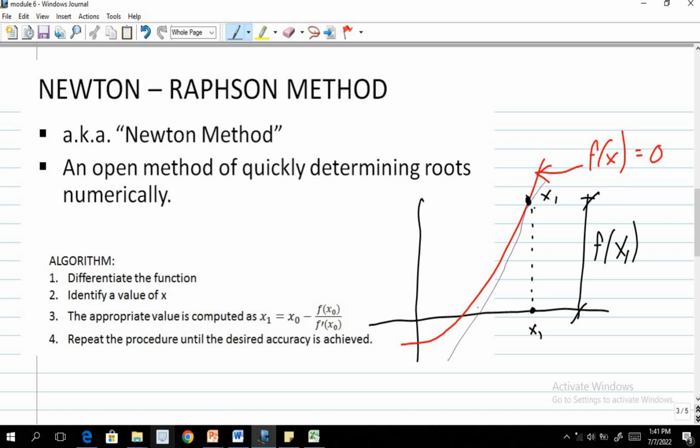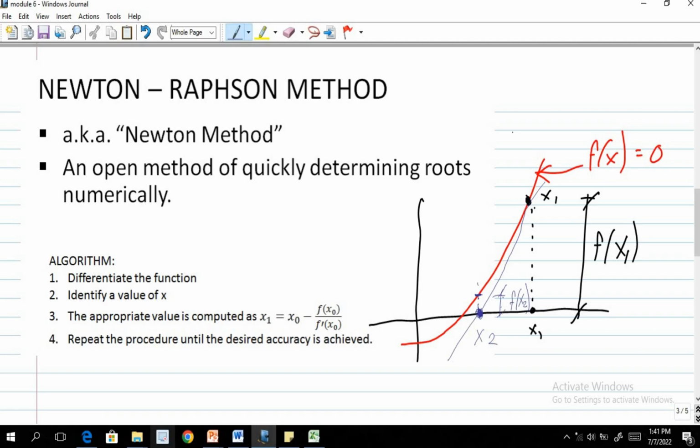If you notice, the tangent line intersects the x-axis here. This is my x2. I'm going to project that until here. This elevation is my function of x2.